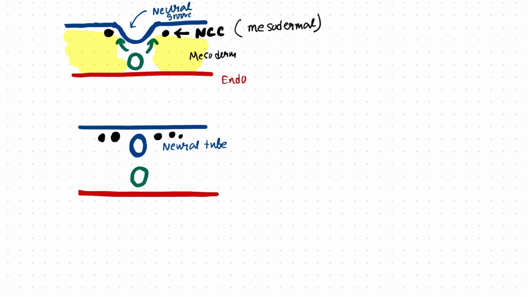By the side of the notochord, we have paraaxial mesoderm followed by intermediate mesoderm and lateral plate mesoderm.